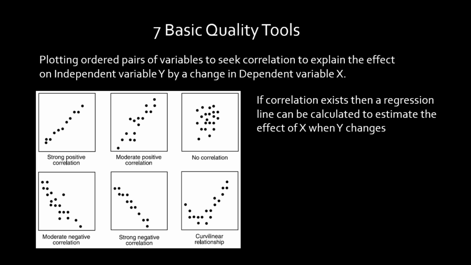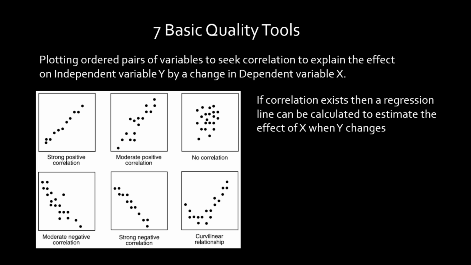Does it also go down? We're looking for what's called correlation. If one thing happens, it tends to make something else happen. It doesn't necessarily mean causation, but when we see correlation, it's worth further analysis, because remember, we're looking for root causes of problems.